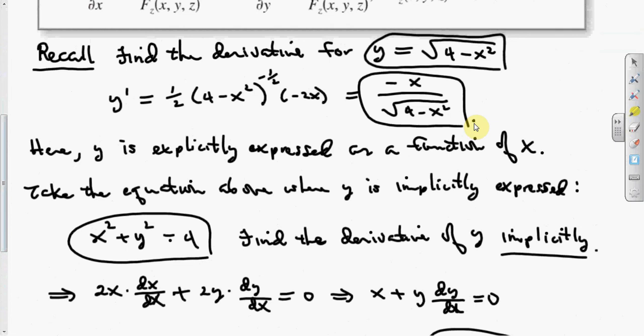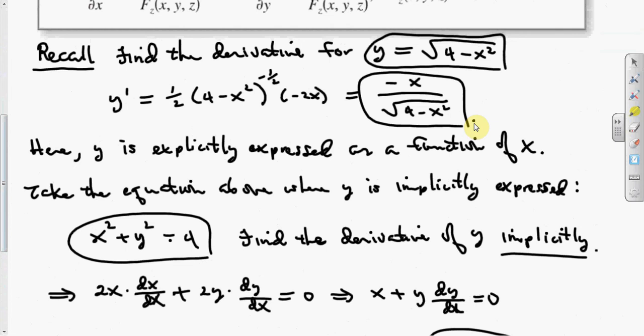So you can talk about a function where, say for example, y is expressed here explicitly. So y is by itself, it's equal to something. Take that derivative. But sometimes y may not be expressed so easily. It may be encoded within a function, and it may be difficult to get the y variable, or whatever variable you're looking for the derivative of, by itself.